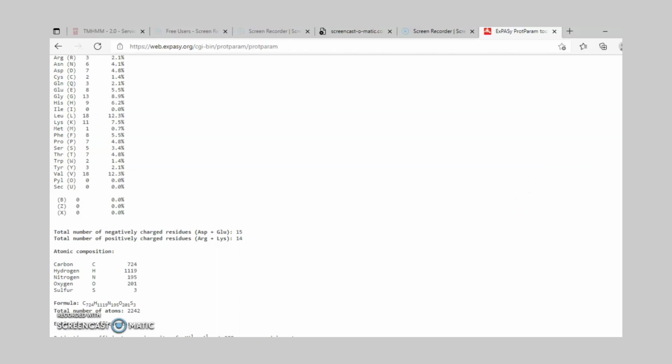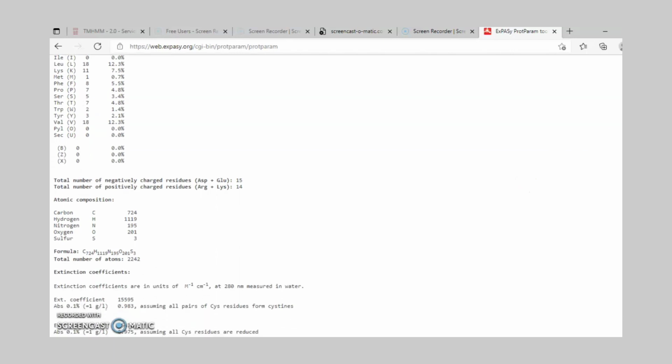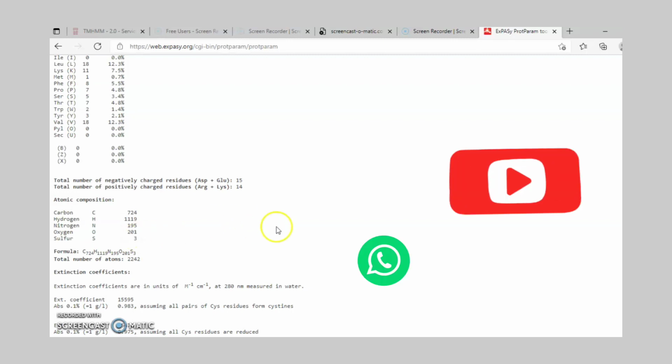This is the atomic composition: total number of carbon, hydrogen, nitrogen, oxygen, sulfur. This sulfur here, we have 3, which shows that our protein contains some sulfur-containing amino acids. Examples of such amino acids are cysteine and methionine.